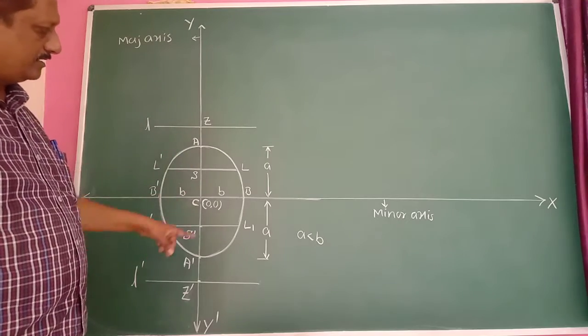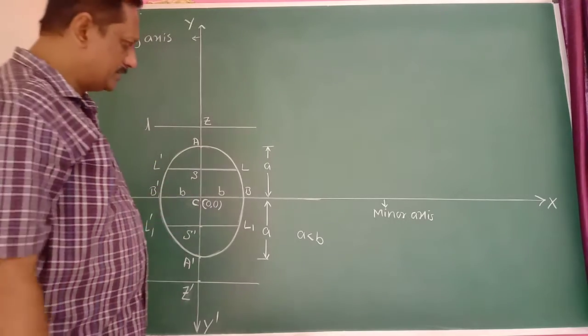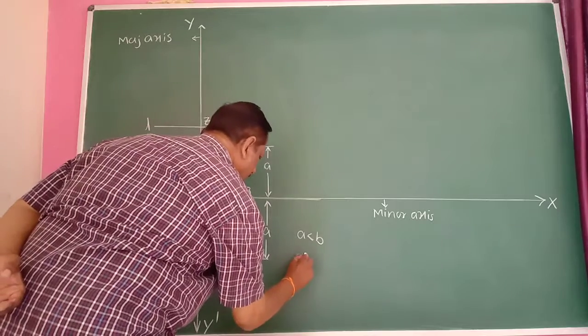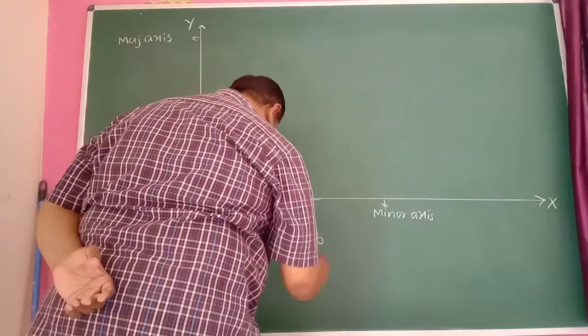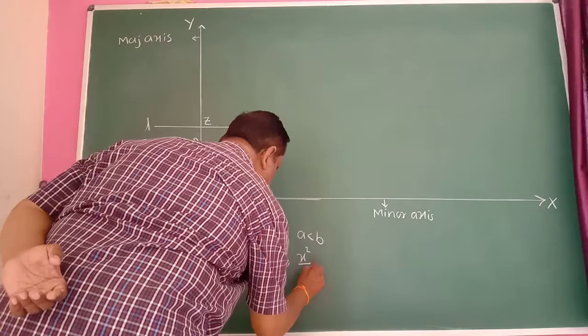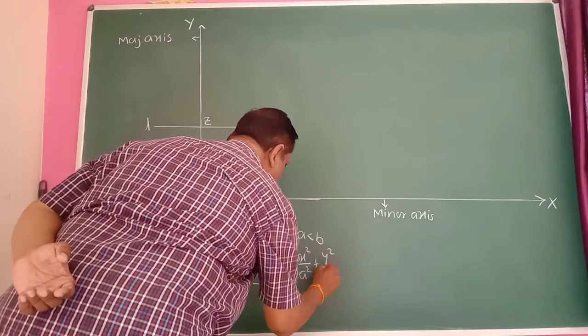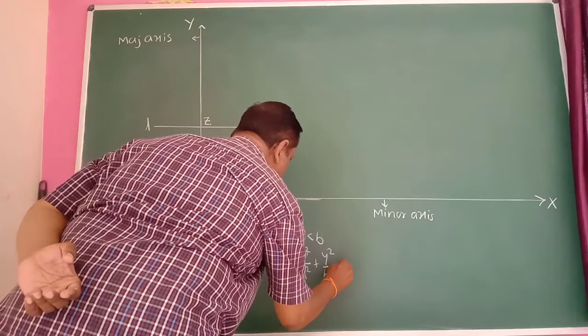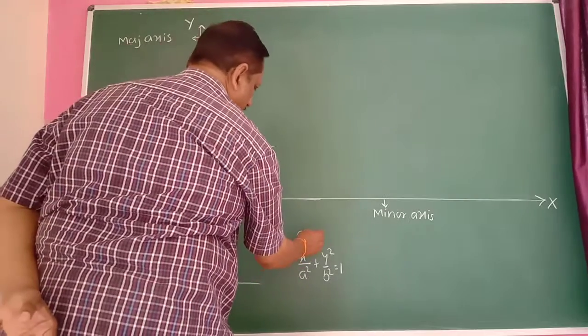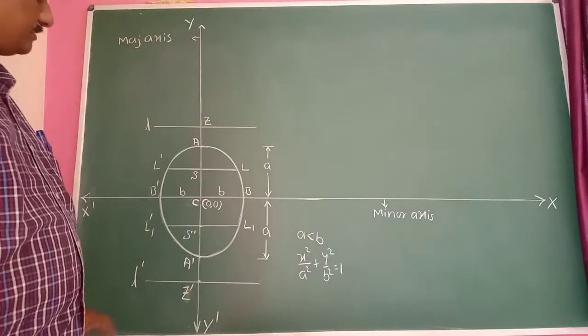In this case, the equation of this ellipse is x square divided by a square plus y square divided by b square is equal to 1. Here a is less than b. Okay.